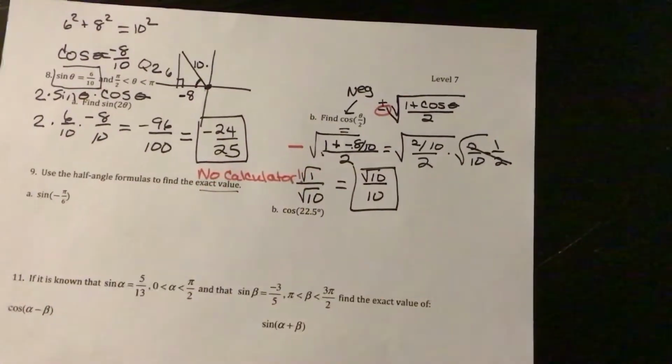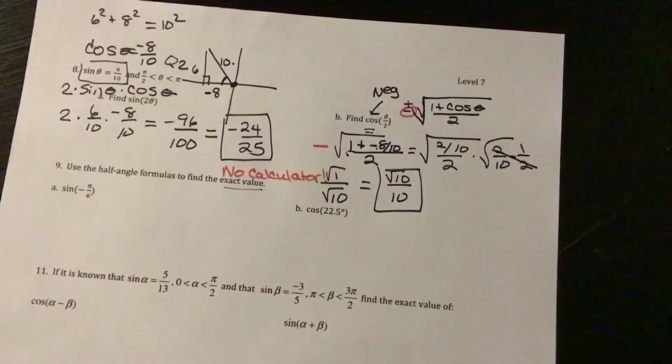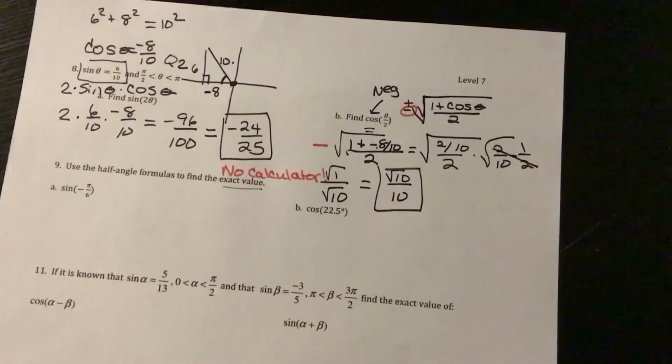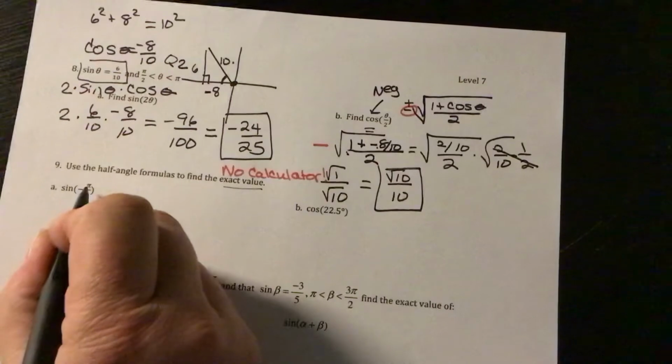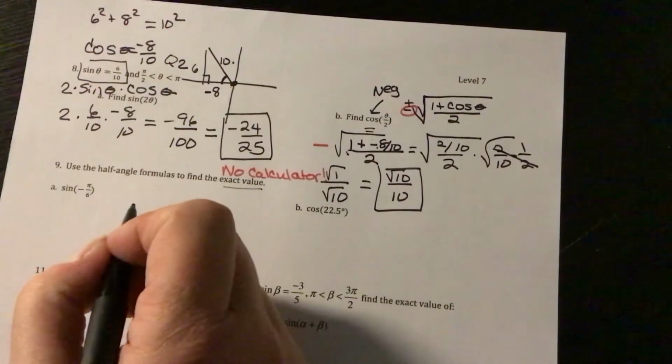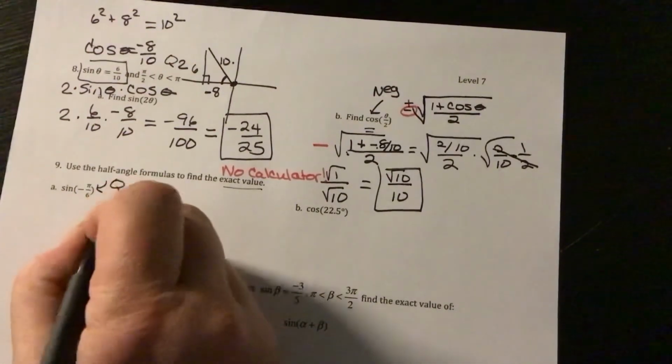Pretty much any of this here, we are not using a calculator. So I know that if I have negative pi over 6, this is in quadrant 4.